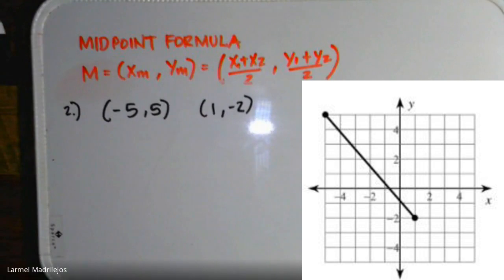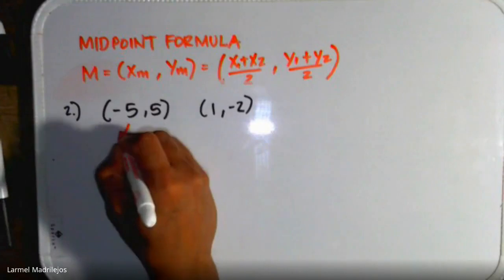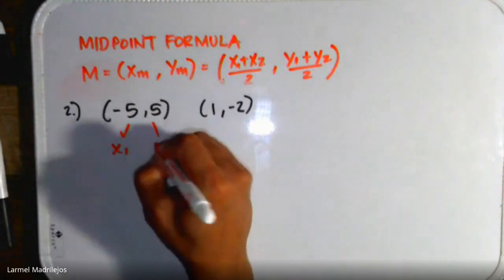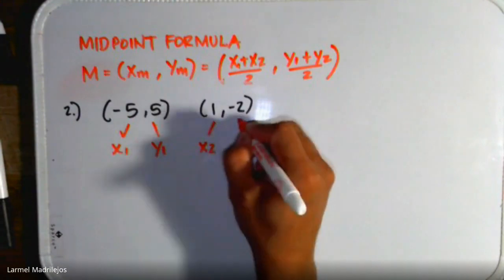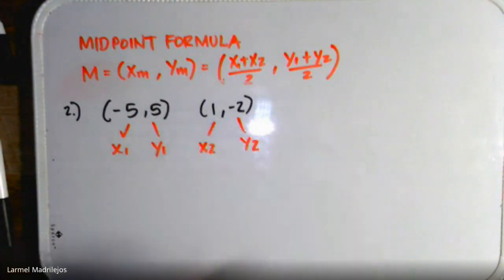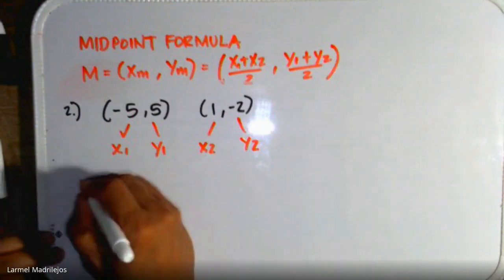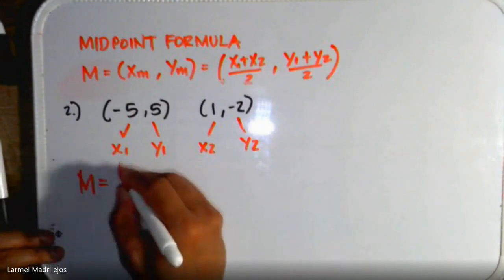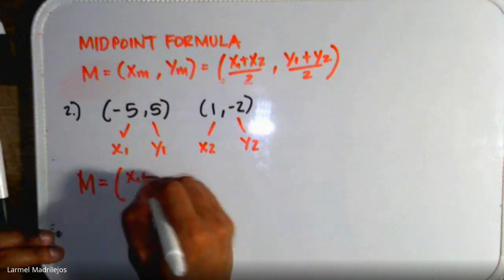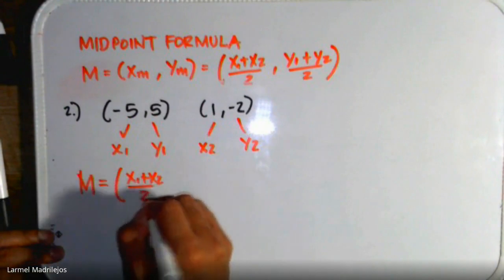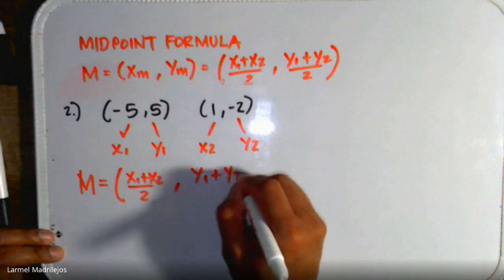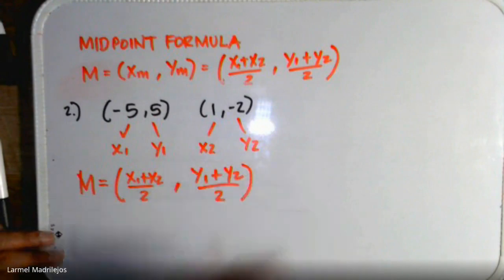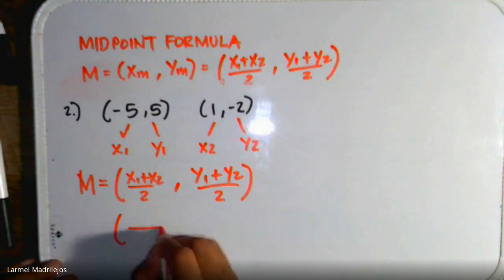The first coordinate I'm going to choose is this one here. This is going to be my x1, y1. It's going to be my x2, y2. Use the formula. The midpoint of x, comma, the midpoint of y.